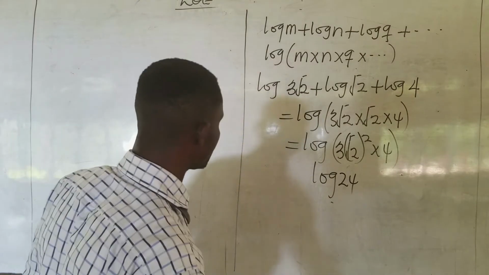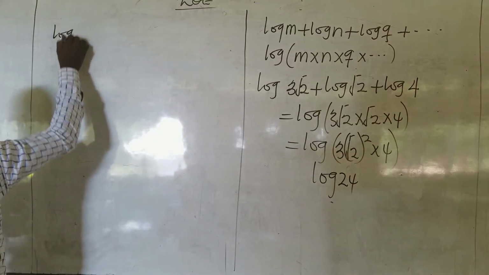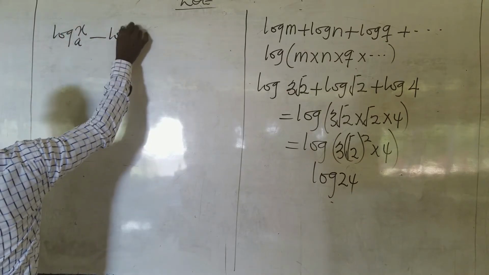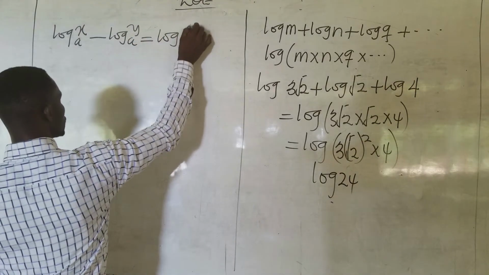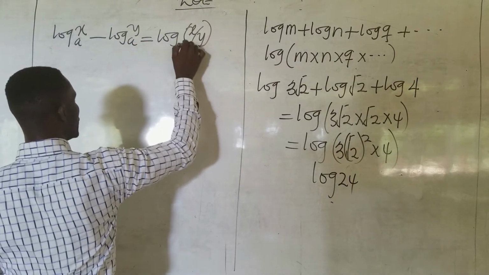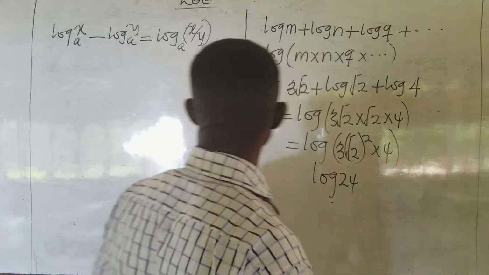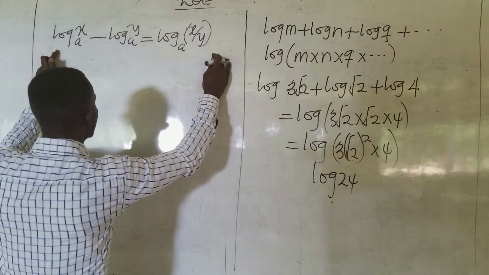Now, if you have log x base a minus log y base a, this is equal to log x over y base a. This is what you call logarithm of quotient. So anytime you see subtraction, you divide.